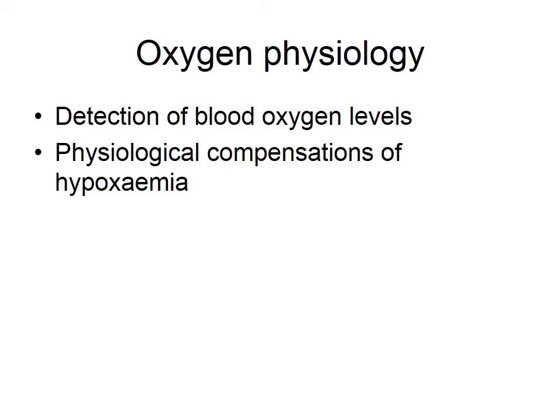So the chemoreceptors will immediately alert the brain. And the brain, particularly the medulla oblongata in the brain stem, will bring about physiological compensations. So hypoxemia is immediately detected if it should occur, and there can be physiological compensations to compensate for the hypoxemia.